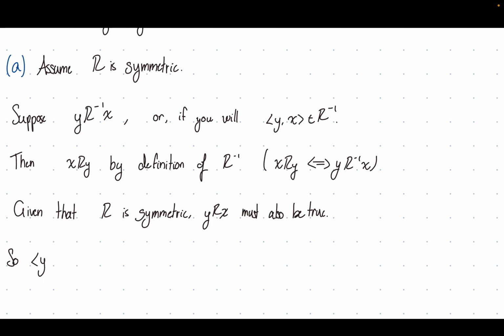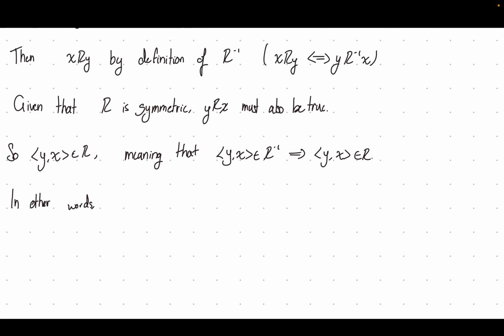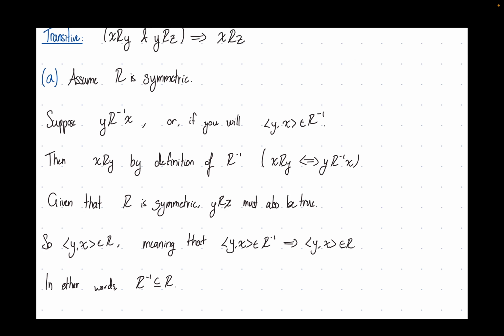So Y comma X is in R, meaning that Y comma X being in R inverse implies that Y comma X is in R. In other words, R inverse is a subset of R. Okay, and now I think I didn't actually add this annotation.